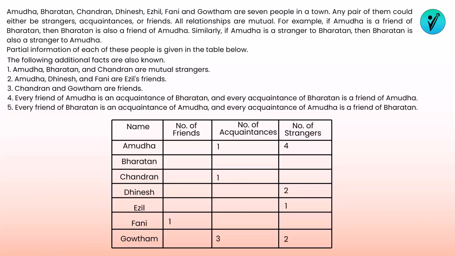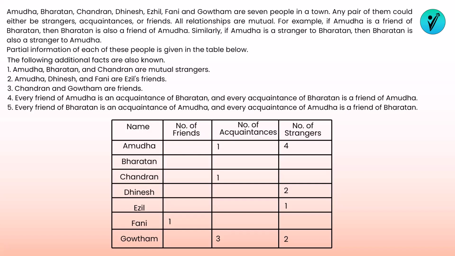Any pair of them could be either strangers, acquaintances, or friends. All relationships are mutual, which means if A is a friend of B, then B is also a friend of A. Similarly, if A is a stranger to B, then B is also a stranger to A. So it goes vice versa.